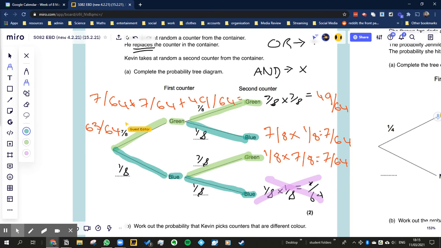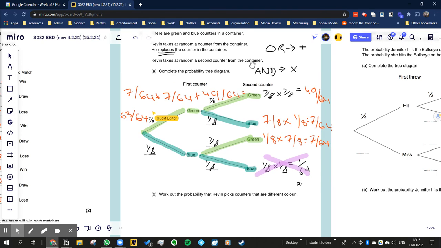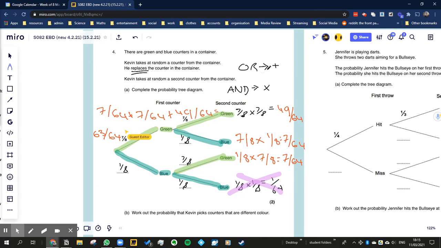So the shortcut is simply 1 take away 1 over 64, and that's 63 over 64. So basically, if we're saying this or that, then we're adding the probabilities, and if we're saying this and that, then we're multiplying the probabilities. Okay, right.